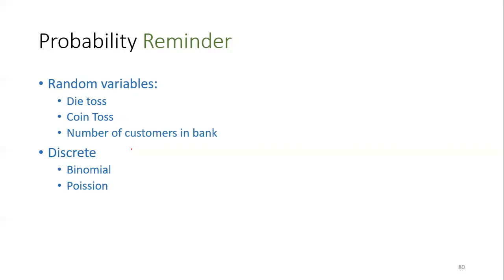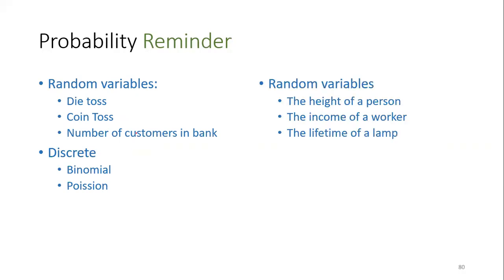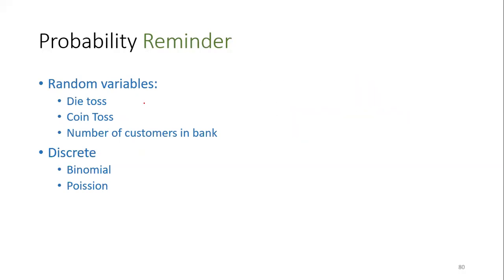In fact, we have two types of random variables. These random variables refer to counting, okay? So this is the coin toss: the number of heads, the number of tails, the number of customers, the number of ones, sixes, twos.